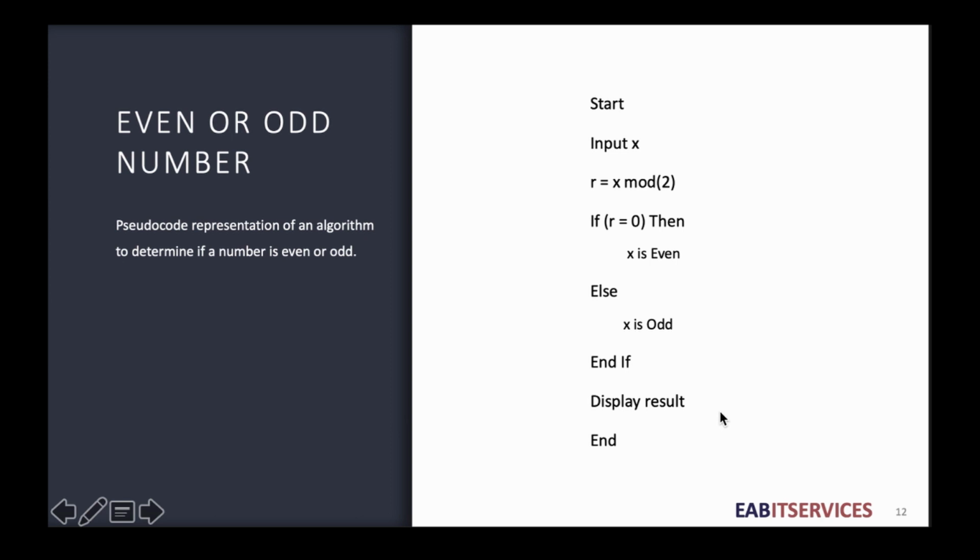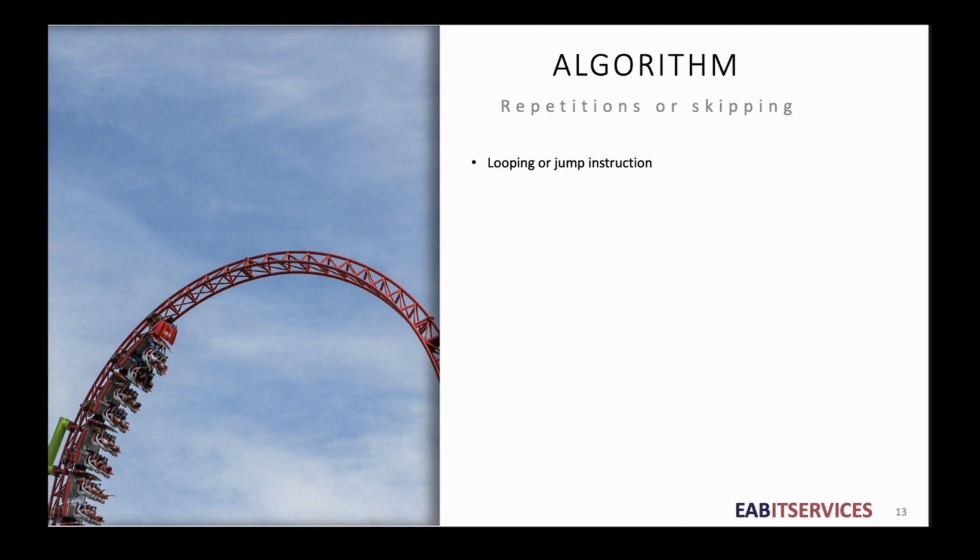End. Apart from the decisions we make within an algorithm, sometimes you need to repeat certain steps of instruction until you attain a certain result. We term this in computer program or algorithm concept as looping or a jump statement.